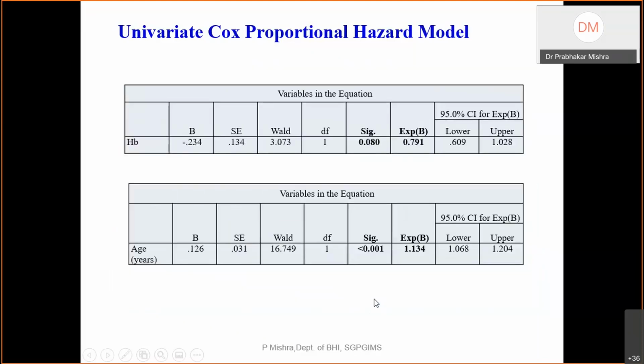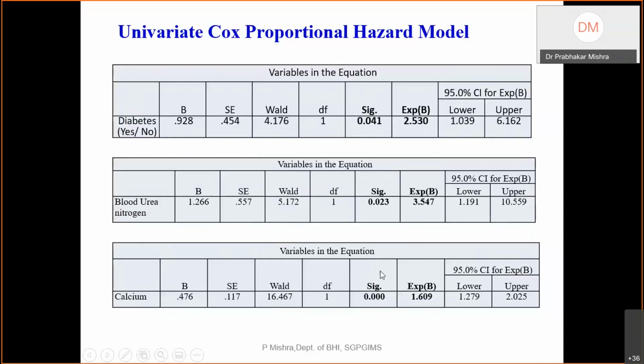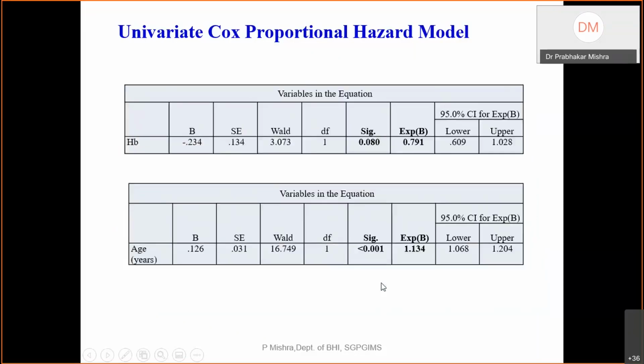Hemoglobin is coming insignificant, whereas age is coming significant. So out of five variables, except hemoglobin, all four variables are found significantly associated individually with survival time. So from univariate analysis we have achieved four variables.